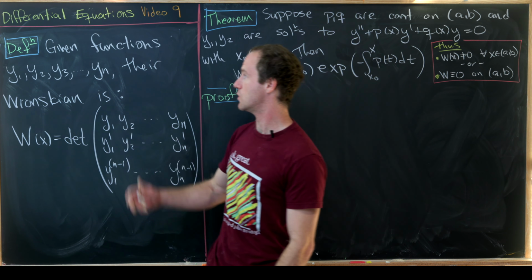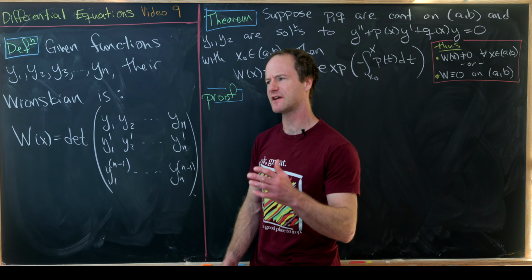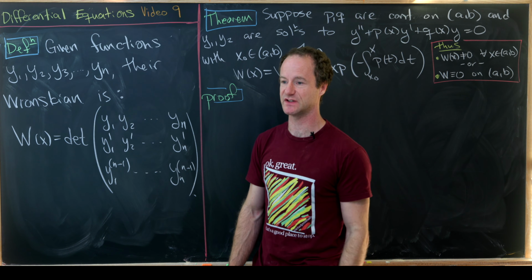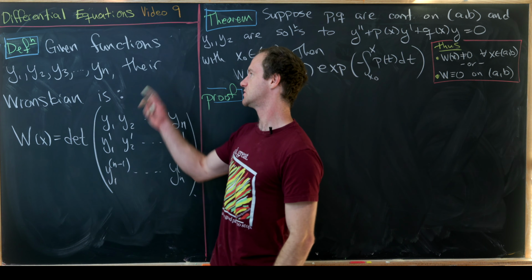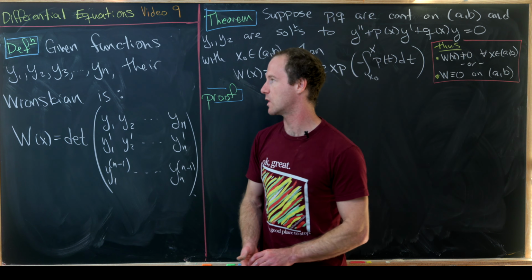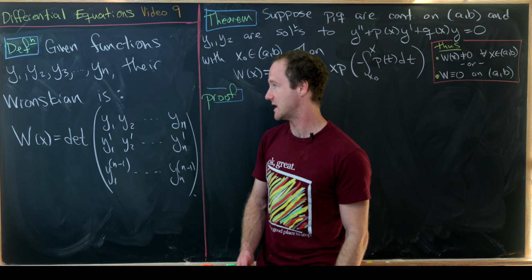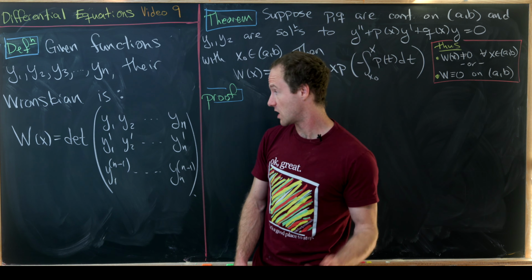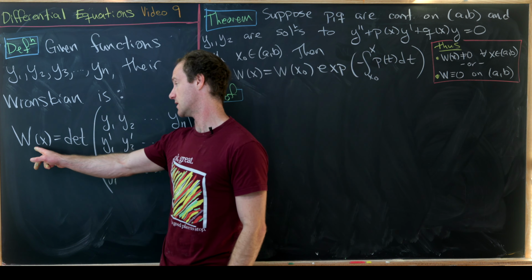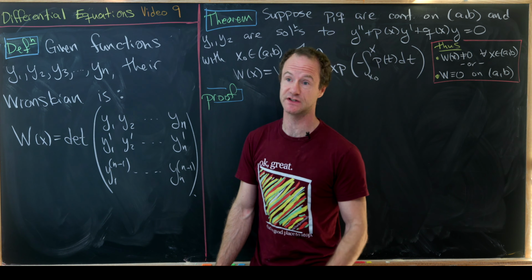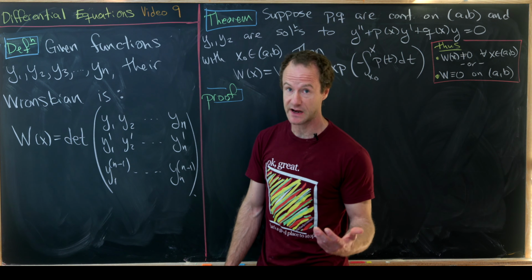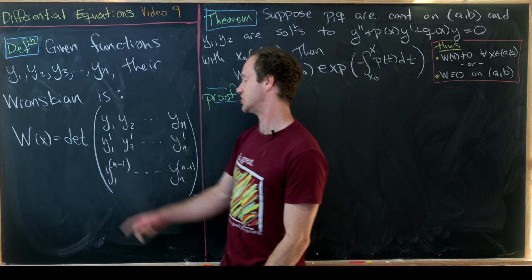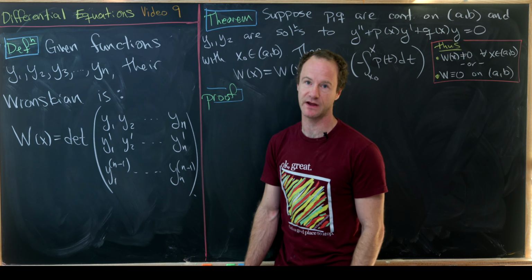We just finished motivating the following definition, which I've expanded to n functions instead of just 2. Let's say we've got functions y1, y2, y3 up to yn. Then their Wronskian is defined by w of x. Notice those are all functions of x, so we're creating a new function of x, which is the determinant of the following square matrix.